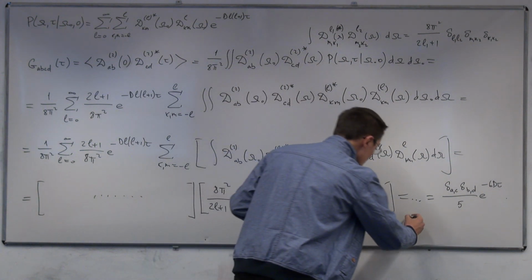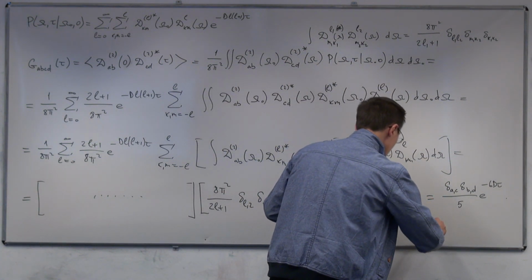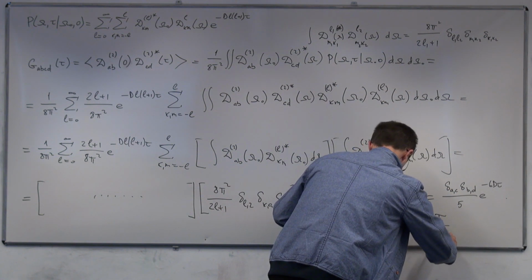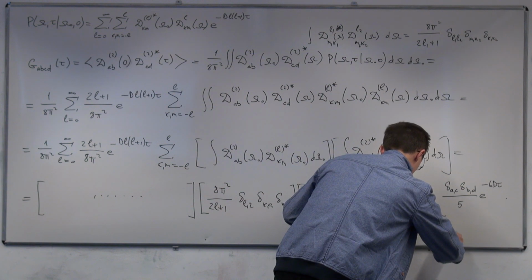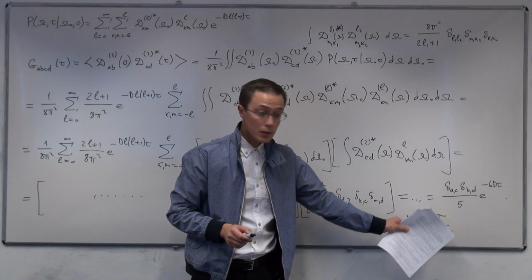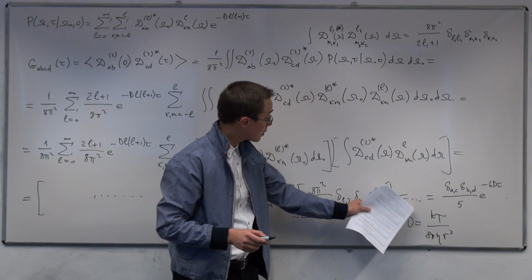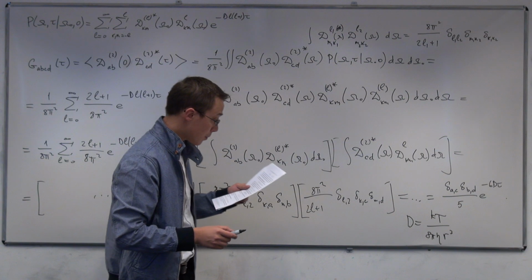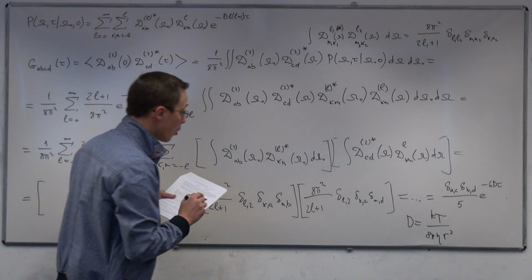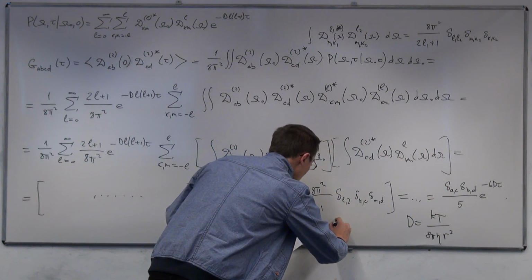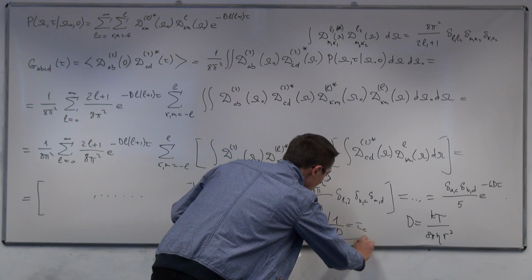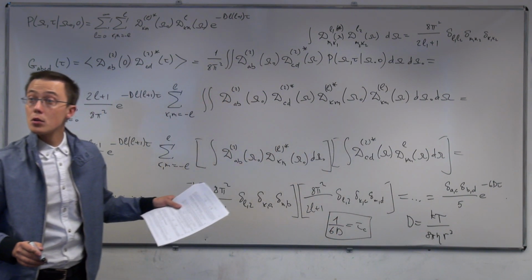So, just picking it up from the textbook, D is kT over 8π η r³, where r is the molecular radius, η is the solvent viscosity, k is the Boltzmann constant, and T is temperature. And the other replacement that we need to make is what people often define: they define 1/(6D) as τ_c, known in the trade as the correlation time.